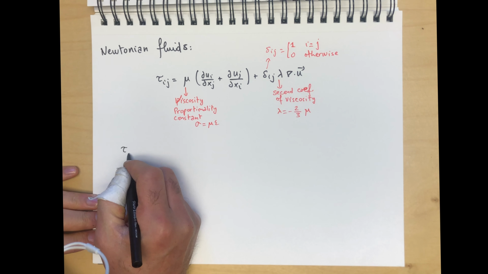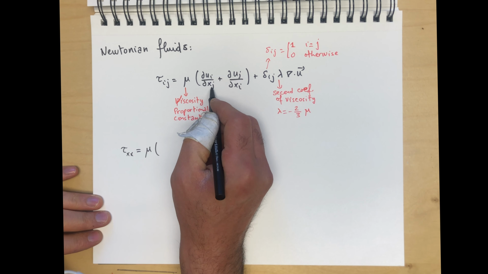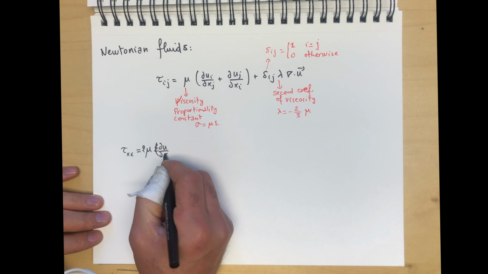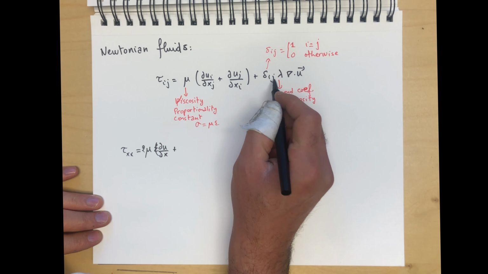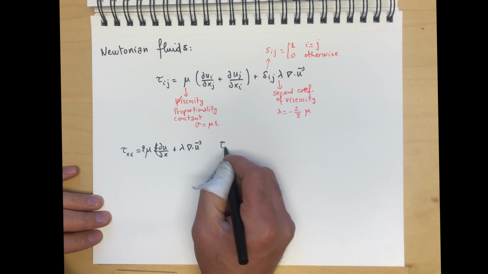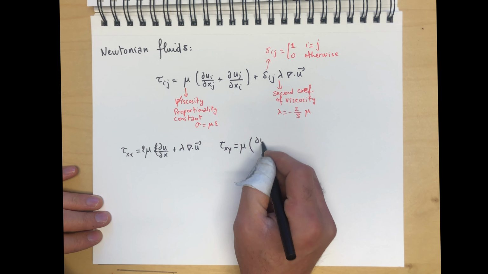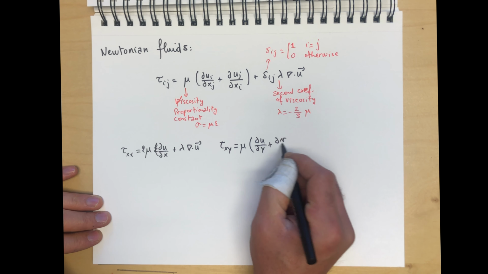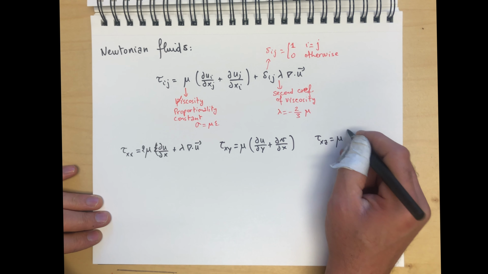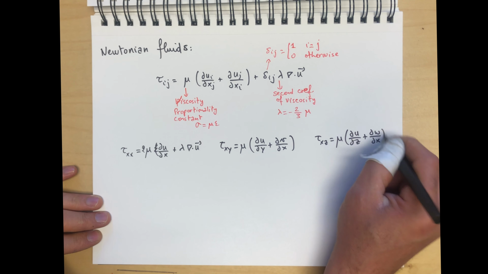And you could say tau xx is equal to mu (du by dx plus du by dx). So you have 2 mu du by dx plus delta, which is 1, times lambda div u, and tau xy is equal to mu (du by dy plus dv by dx), and tau xz is equal to mu (du by dz plus dw by dx).